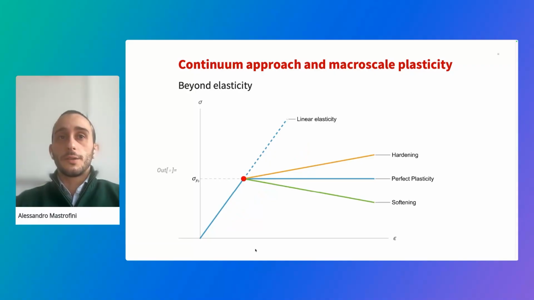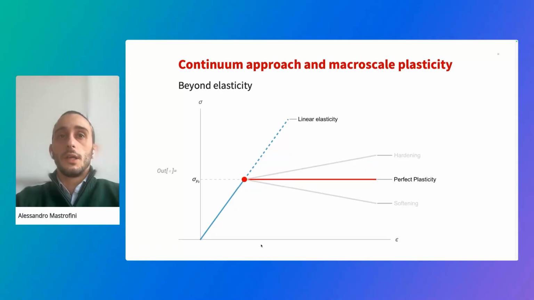Starting with perfect plasticity, once the material shows stress that, by following linear elasticity, should be higher than the limit, the material is going to yield. So it's basically going to allow whatever deformation it needs to, and the stress will remain at the yielding limit.